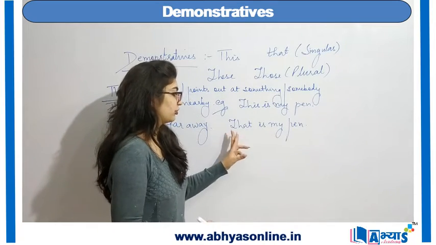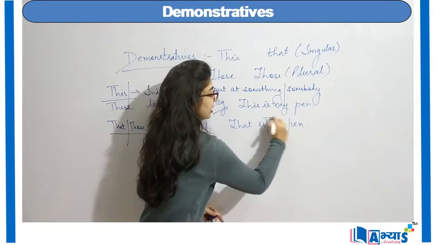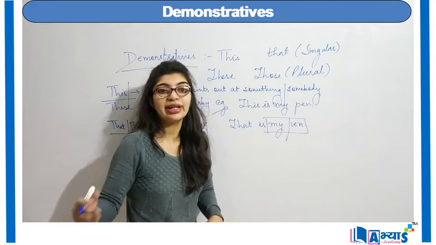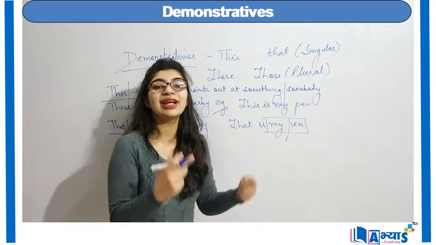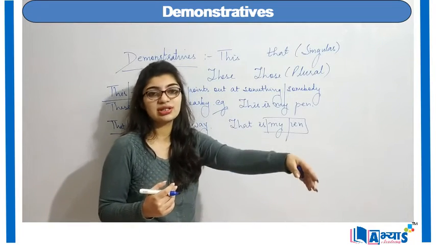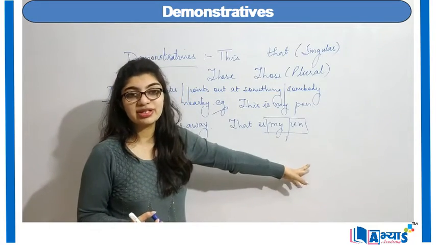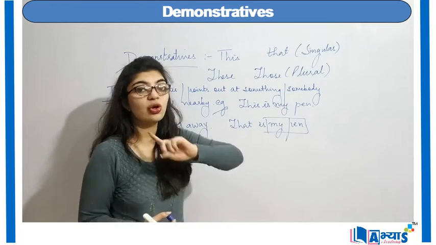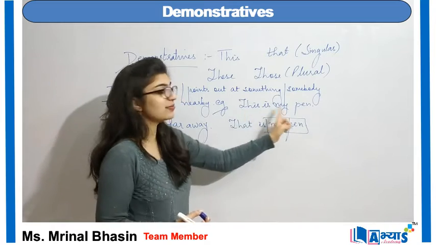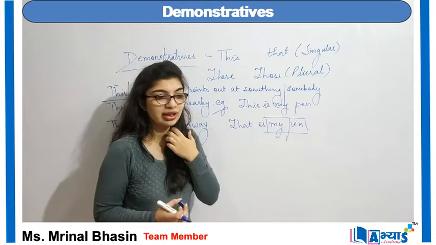But for that is my pen means that this pen may be kept far behind, or it may be in someone else's hand, and that someone may be some inches far away from me. So that is my pen represents that my thing is not with me, it is with somebody else. But this is my pen refers to the pen which is with me, right?